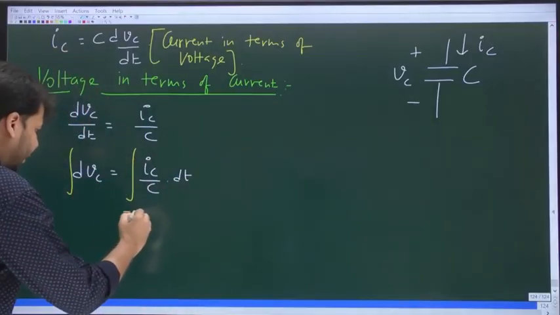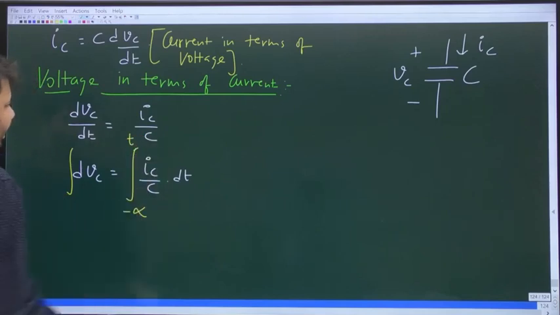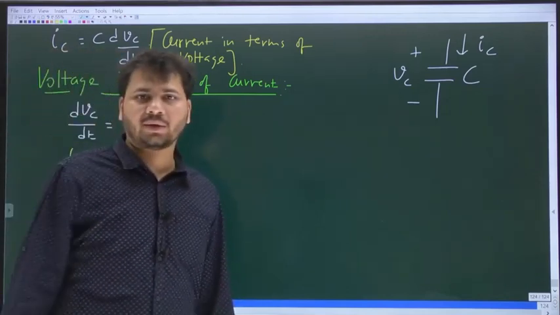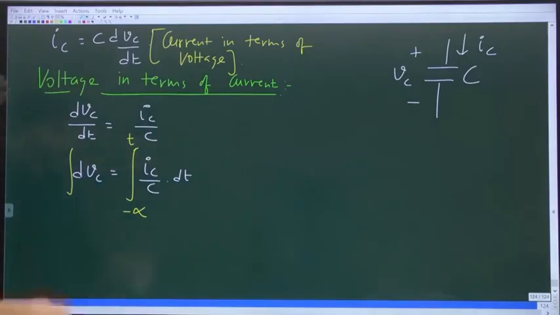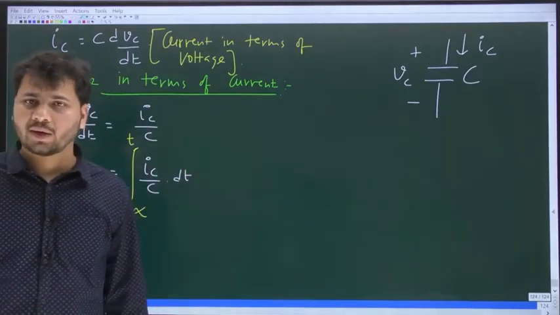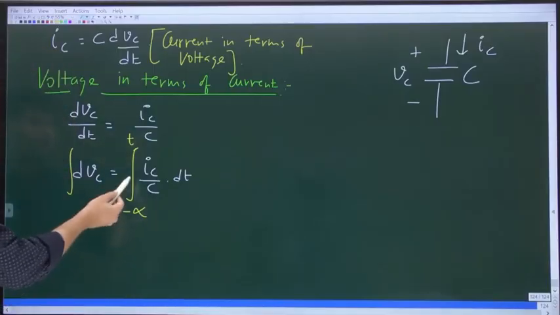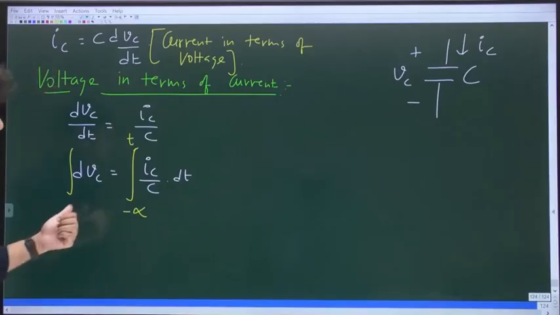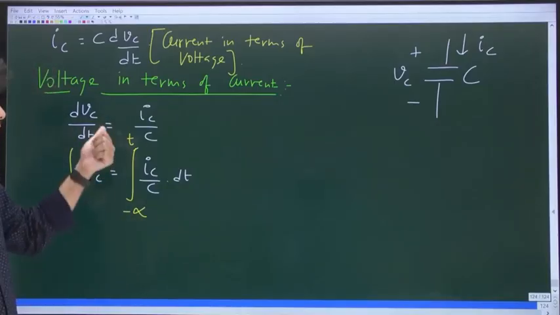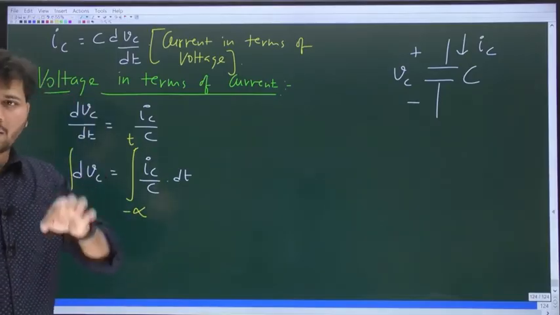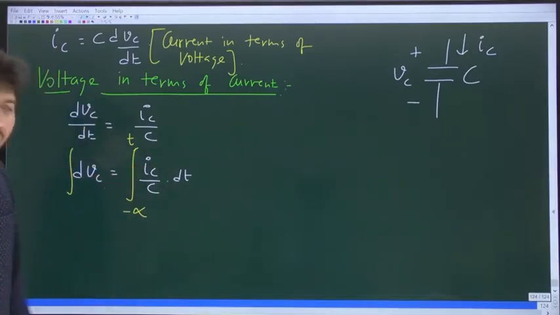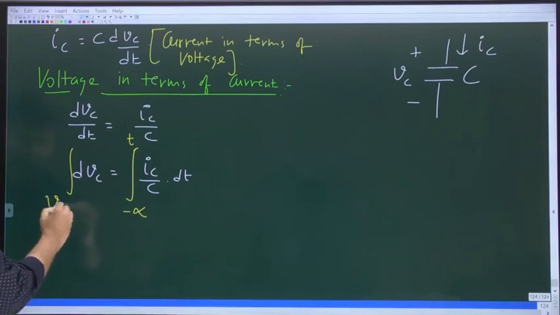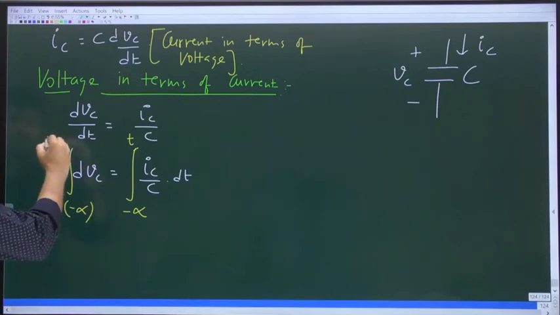If the time varies from minus infinity up to t, then obviously the voltage across the cap should vary from voltage across the cap at t equal to minus infinity up to voltage across the cap at the current instant, which is Vc of t. So Vc of minus infinity up to Vc of t.